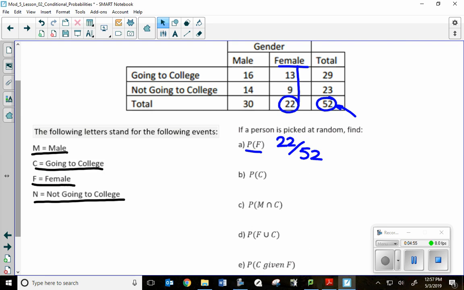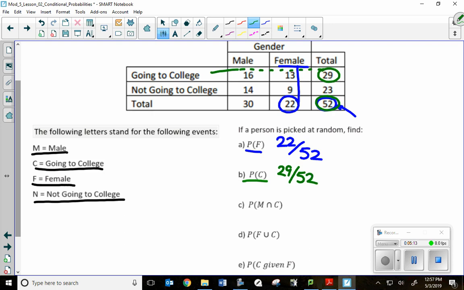Okay, let's look at B. The probability that this person that you pick at random is going to college. Here's going to college. 29 total people out of my 52 are going to college. Not bad. This is easy.